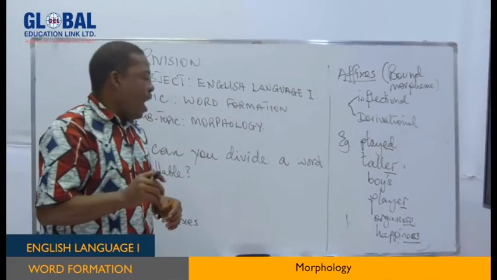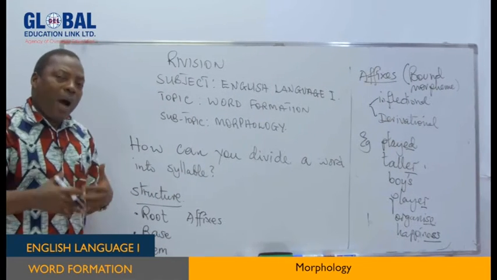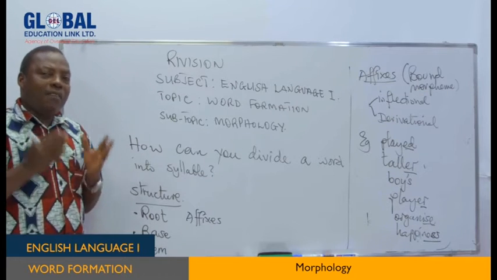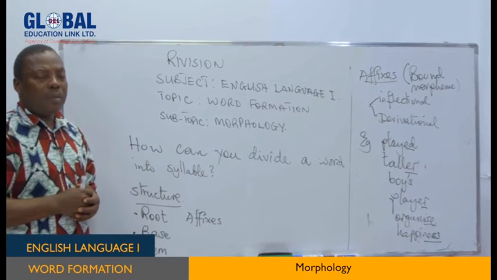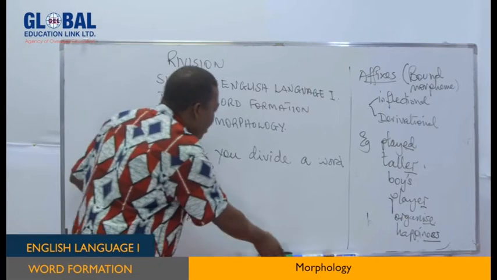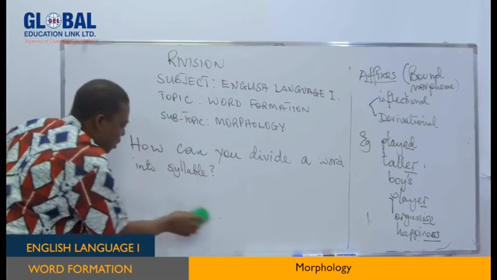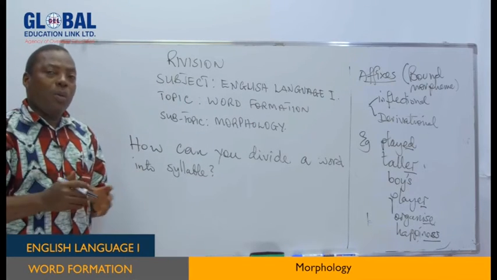So, having understood these elements, it now becomes our task to see how we can divide words into syllables. Because now we know that we have elements in a word.